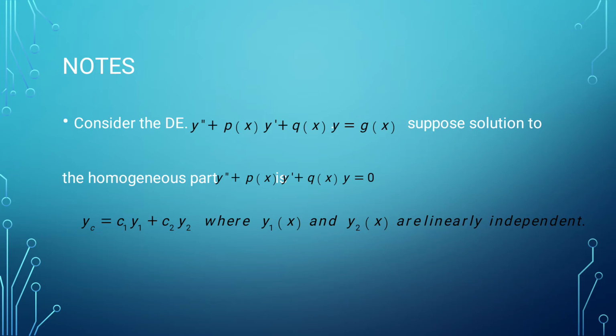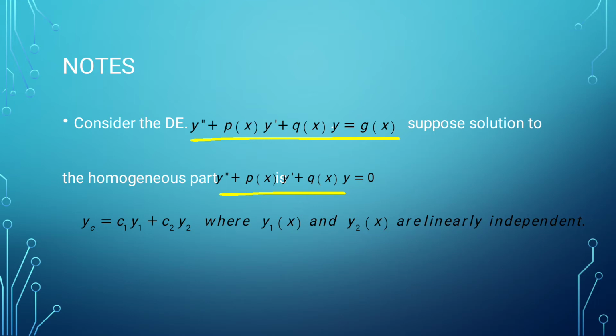Okay, consider this differential equation of this format. This is a second order non-homogeneous differential equation. Suppose we find the solution for the homogeneous part, which is the left hand side equating to 0, or letting g(x) be equal to 0.